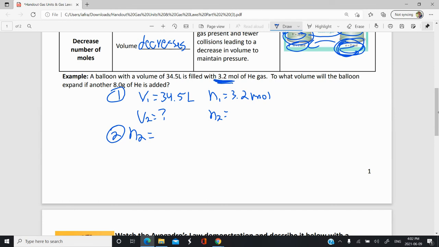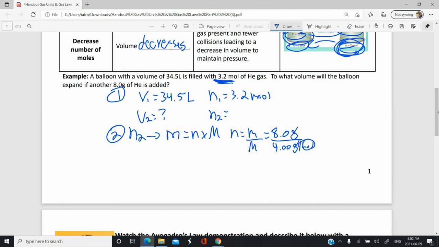I need to somehow figure out how many moles of helium are in 8 grams. So if I want to do that, we know that my mass is equal to my moles times my molar mass. So my moles is going to be equal to mass over molar mass, which is 8.0 grams over the molar mass of helium, which we have as 4.00 grams per mole.